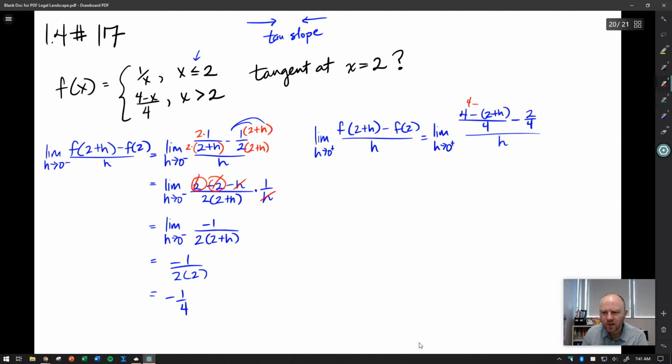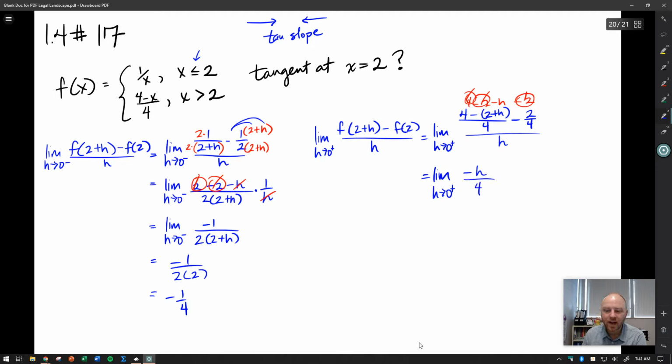So what do we have here? This is 4, this is minus 2 minus h, and then since we have a common denominator here, we can just bring this up as minus 2. So this numerator, 4 minus 2 minus 2, that all turns out to be 0. Let's go one step further. The limit as h goes to 0 from the right, we have a negative h left over there, and that's over the common denominator of 4.